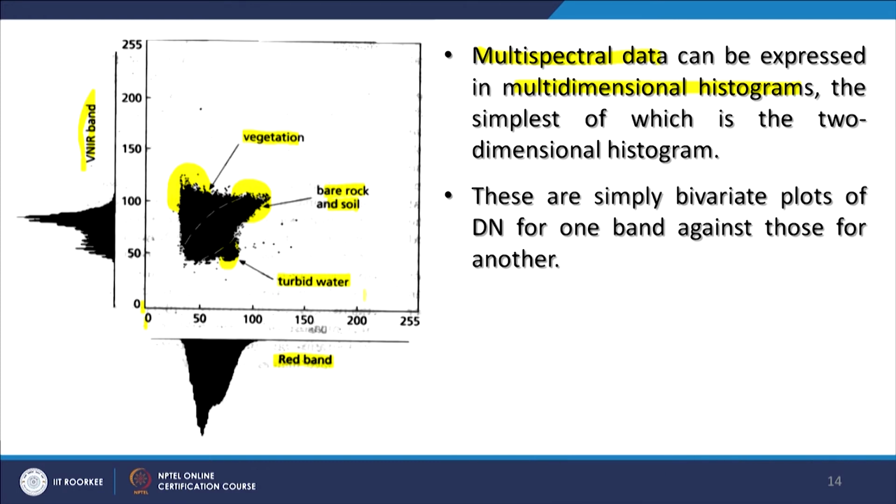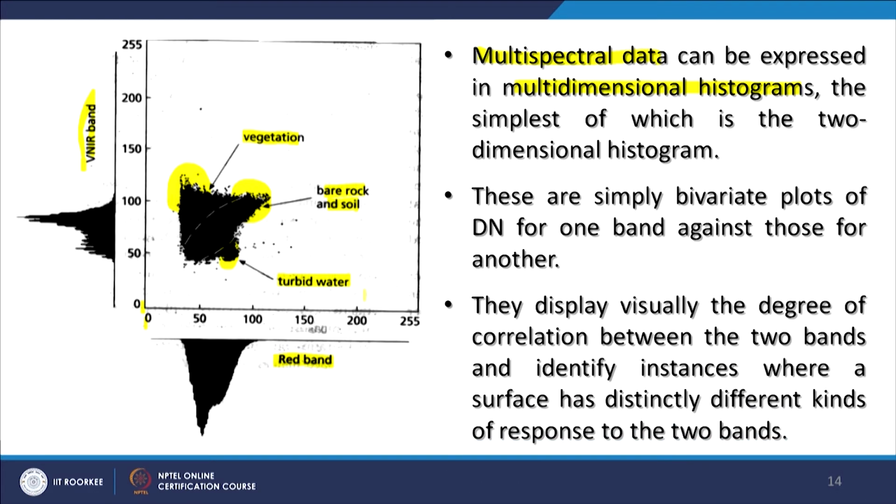So, these are bivariate plot, scatter plot, two dimensional histogram, again very useful. Whenever you are going for single band analysis, a histogram is sufficient, but when you go for multispectral analysis, it is better first to plot a bivariate plot and try to understand not only the distribution of individual bands, which can be seen here through these histograms, but how pixel values are related in different bands.